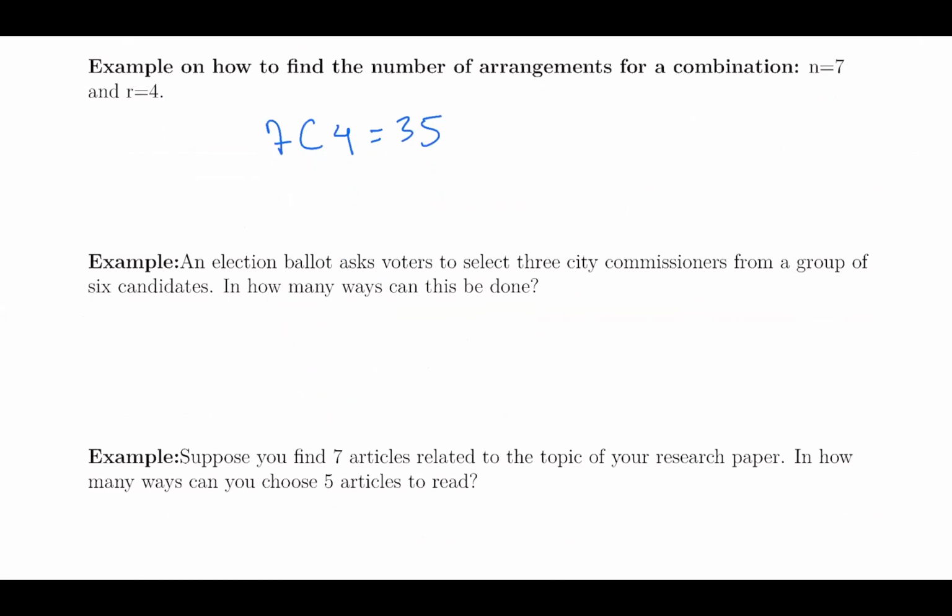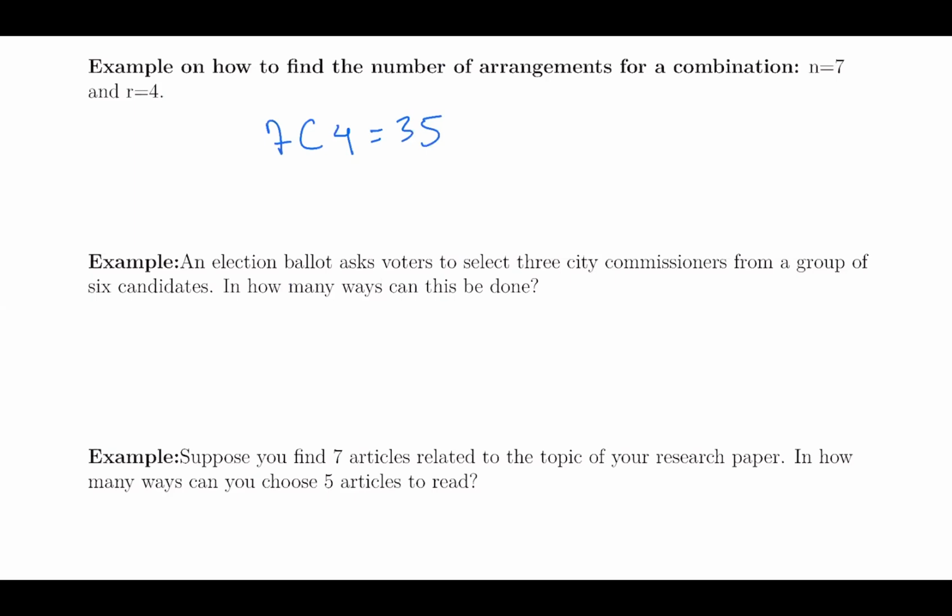Cool. Is repetition allowed? Can I choose the same person to be the 3 city commissioners, or does each one have to be different? It should be no, they should all be different. So repetition is not allowed.